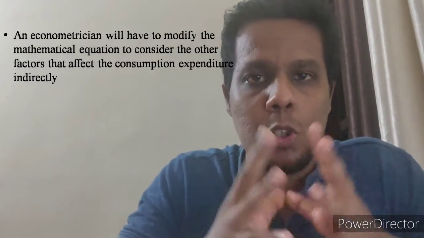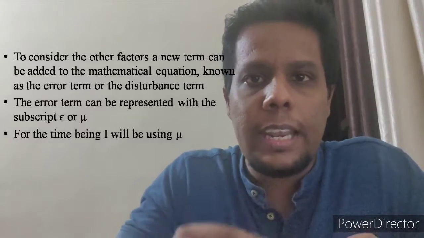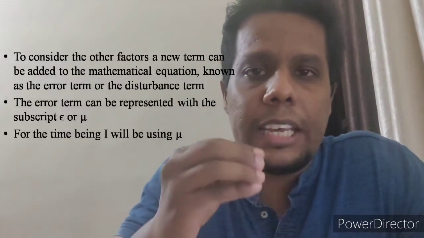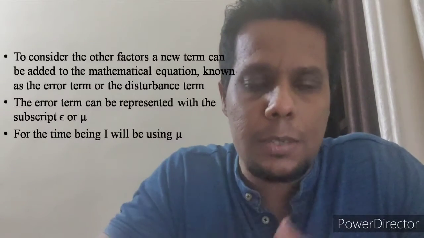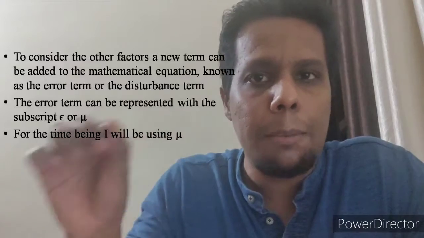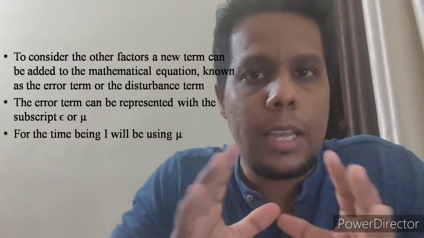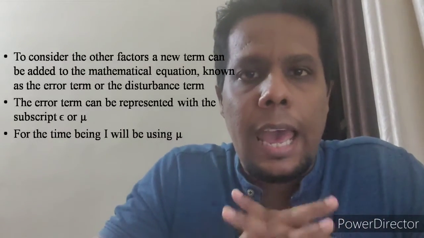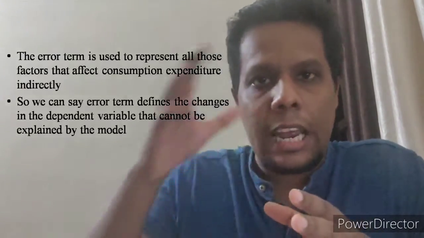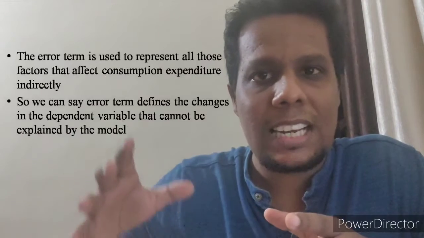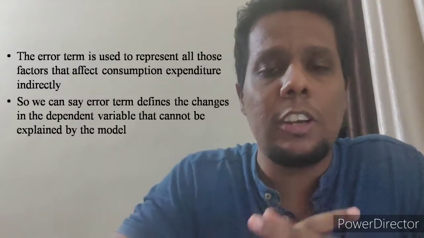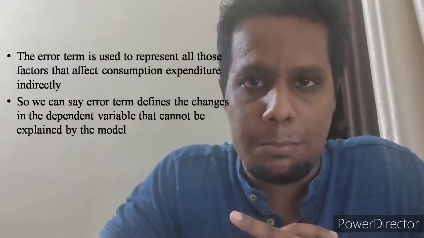To consider these factors, we can add another term to the mathematical equation, known as the error term or the disturbance term, which can be represented with the symbol mu or epsilon. I will be using mu for the time being, and this mu represents the error term, which considers all those other factors that indirectly influence the consumption expenditure.